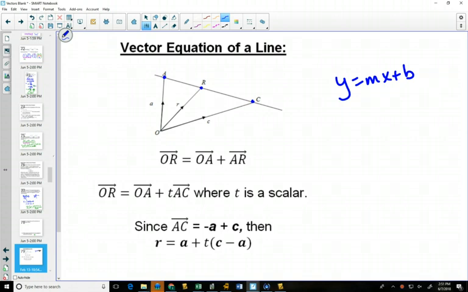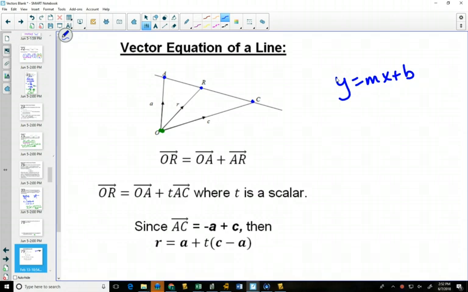So a couple of things. We've got the points A, R, and C, and we've got our origin here. So the vector A is a position vector from O to A. R is the position vector from O to R, and C is the position vector from O to C. And if you wanted to go from O to R, you could go from O to A and then go from A to R. Does that make sense?